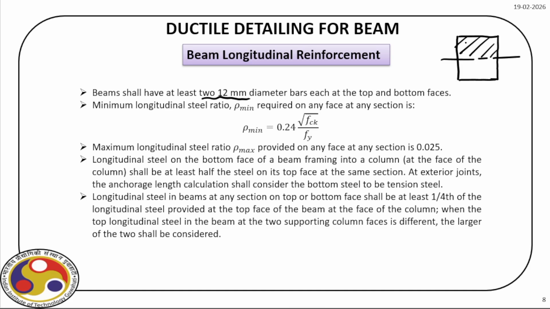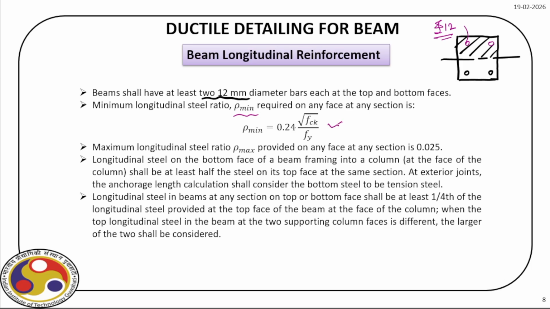So we do not consider steel there and we consider steel here. This code says, this guideline says, we have to have at least two 12 millimeter bars. And the minimum longitudinal steel ratio is given here, which is 0.24 times square root of FCK by FY.